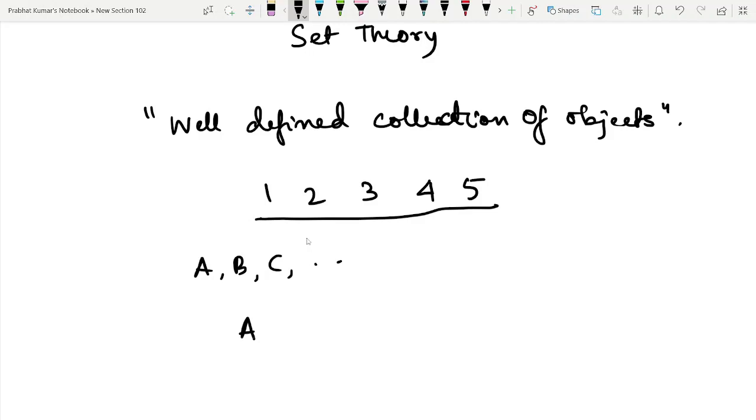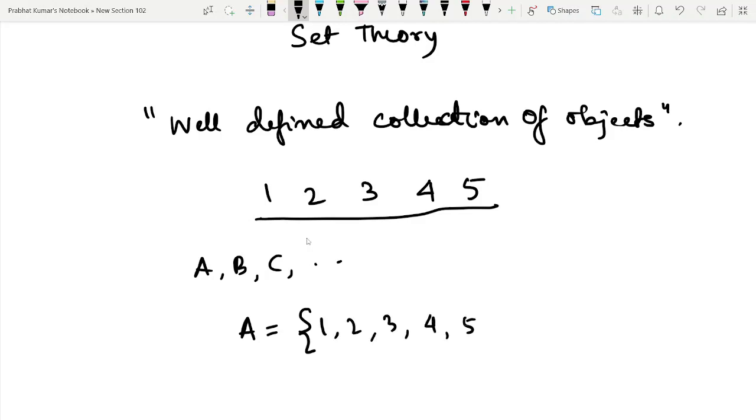Let's see the universally accepted notation of denoting a set. Various types of special sets are denoted in a special way, but the general convention of notating a set is like this. You give the curly bracket and you put down all the objects and separate them using a comma, like 1, 2, 3, 4 and 5.